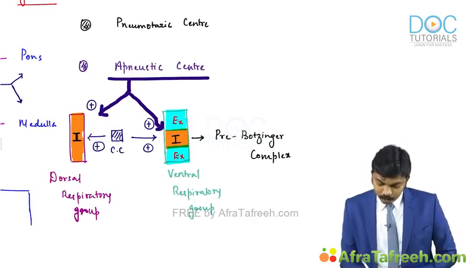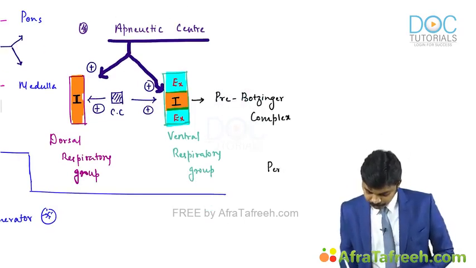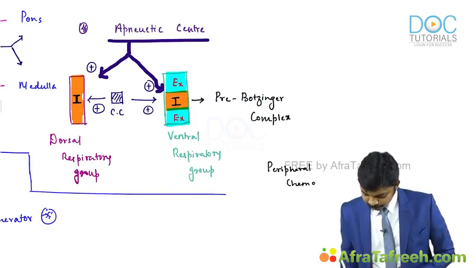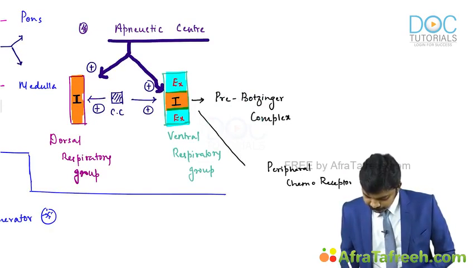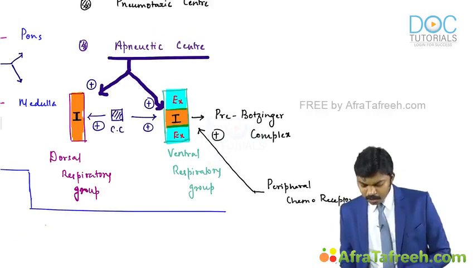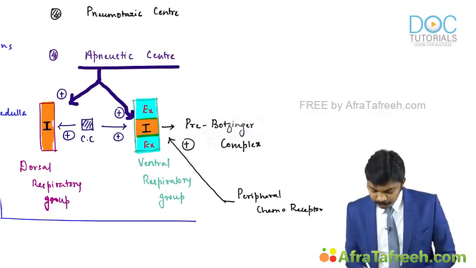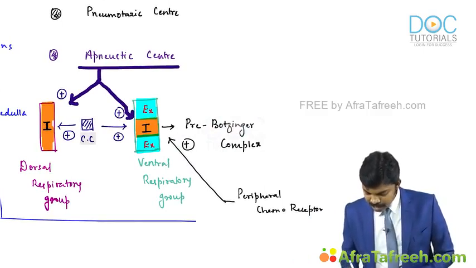On the other hand, we have peripheral chemoreceptors, which again influence inspiratory neurons. Along with these chemoreceptors, doctors, we just discussed central chemoreceptors and peripheral chemoreceptors.